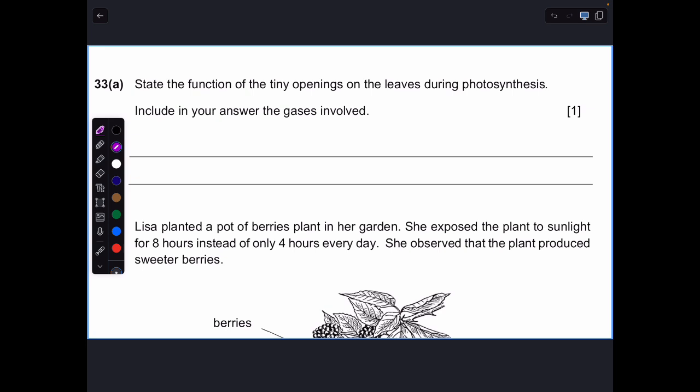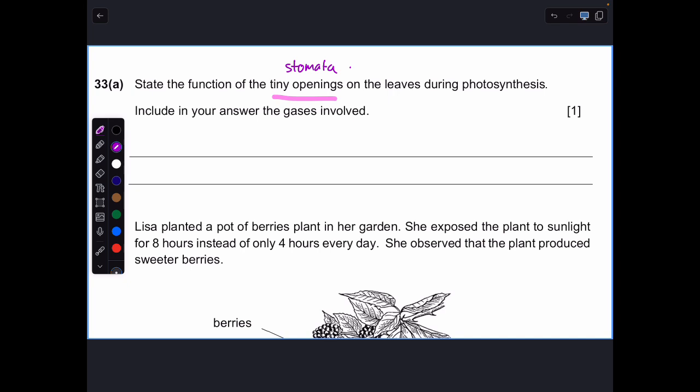So go and revise on the various scenarios which I revised with you already. Remember I put up a revision video sometime before your last WA, I believe. Go and revise that. State the function of the tiny openings. I also say many times already. When it comes to gaseous exchange, how many marks?